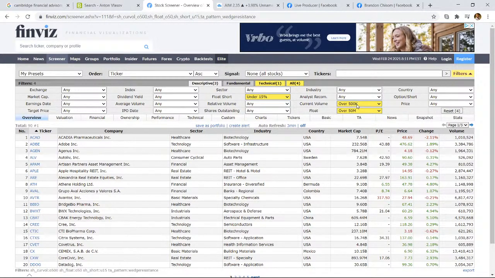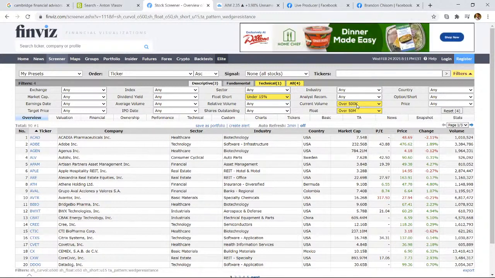Just depends on how much money you're using to trade, because the thing is, you never want to buy more shares than 10% of the average volume.